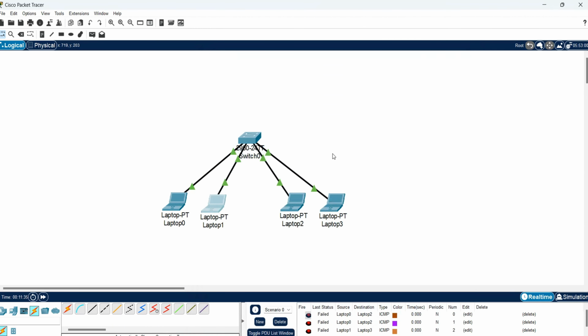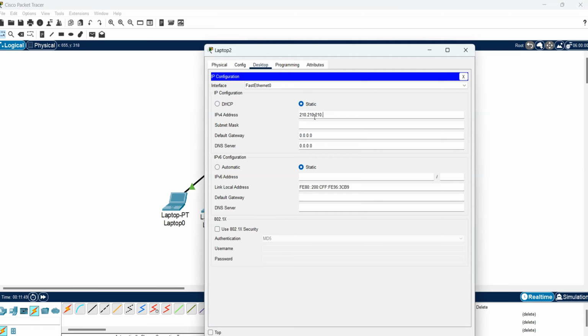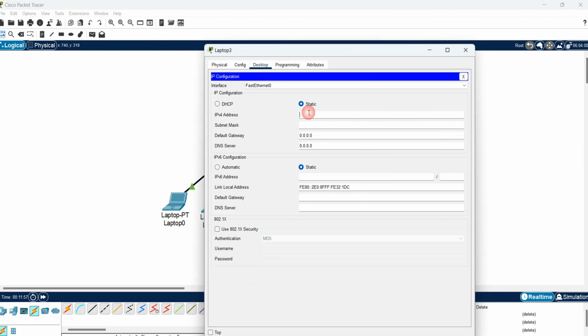Then I'm going to close. Right? So this is actually good. Then I'm going to make the other ones 213 and 214. So this is going to be 213 and the other one is going to be 214. 210.210.210.213 and a 252, and this one is going to be 210.210.210.214, and this one is going to be a 252.